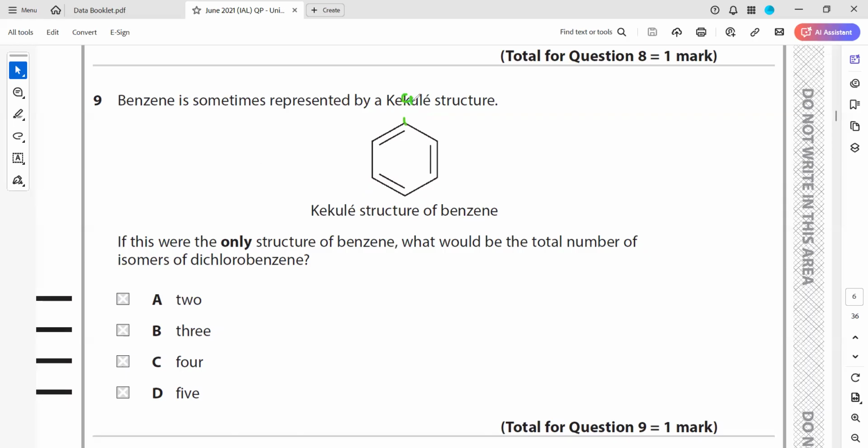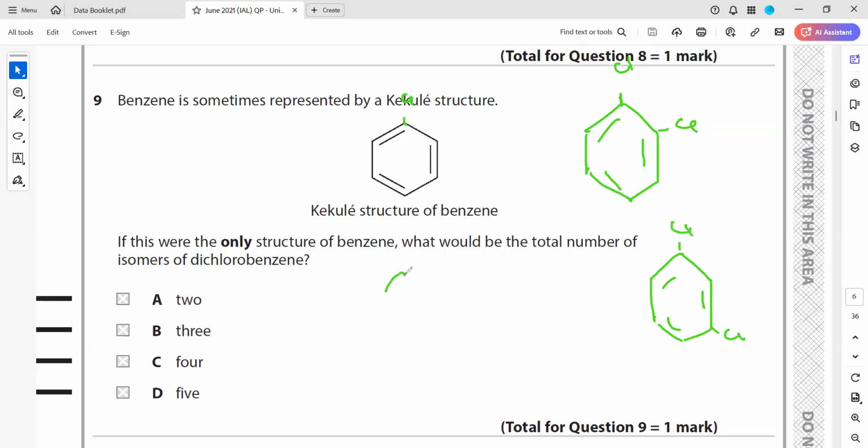Or another one is when both chlorines might be attached to the same carbon. That is another possibility, because we want to draw isomers. So this is one, this is a second. I'll keep one place constant, which I count as one, and then the second one I'm moving.